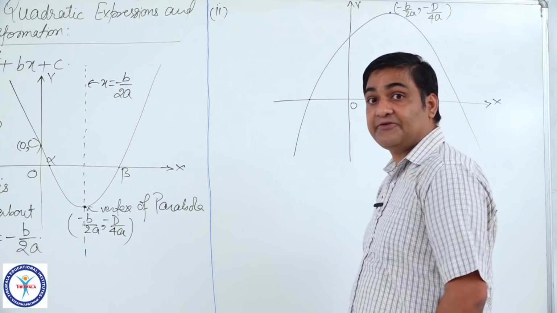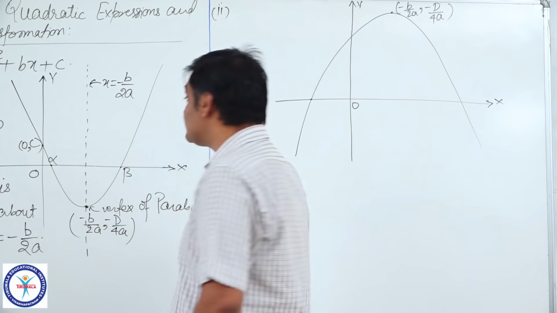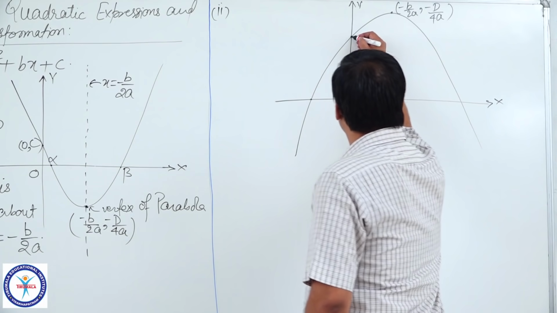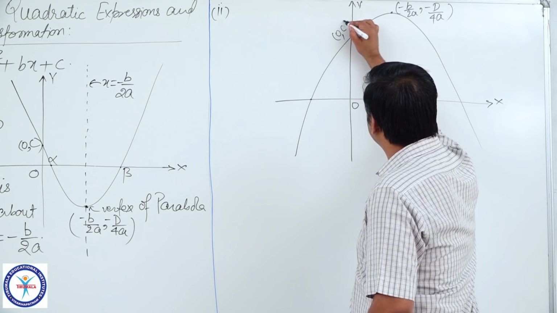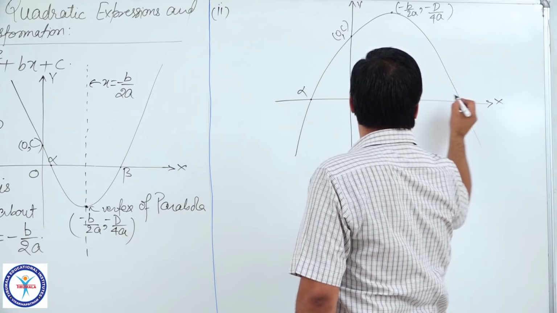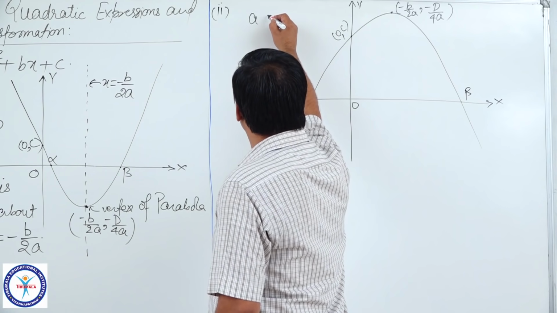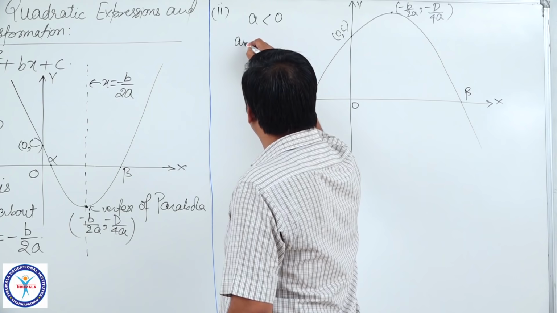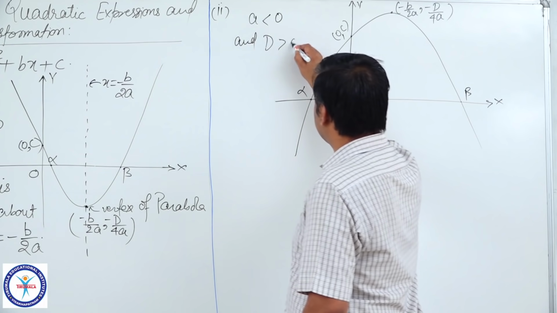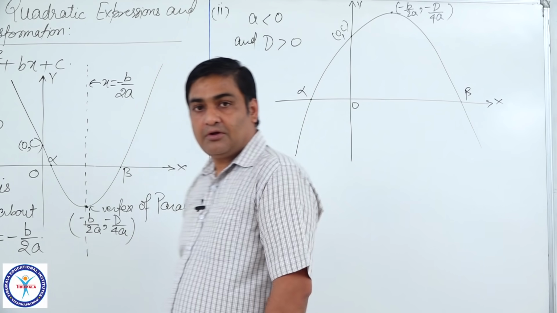Here d is for discriminant, b square minus 4ac. This point is (0, c). These are the roots alpha and beta. A less than 0 and d greater than 0.